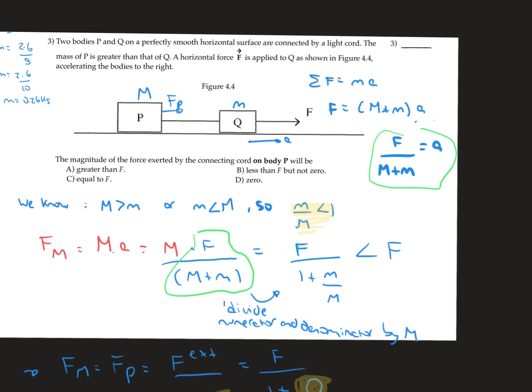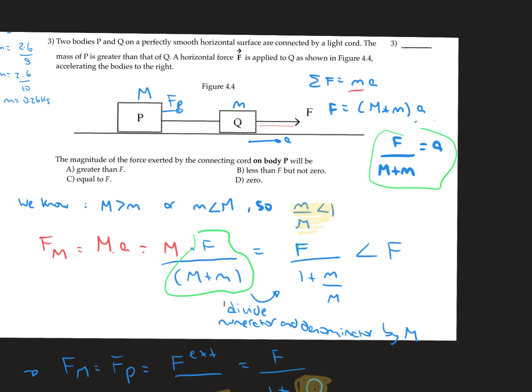So a couple things to know before we start. The force is going to go to the right. Therefore, we can say that the sum of the forces going to the right equals mass times acceleration.